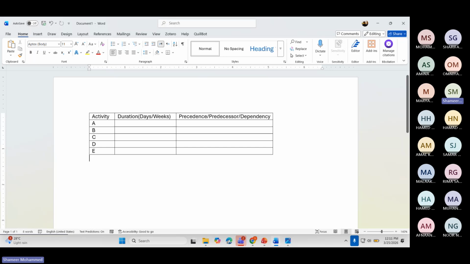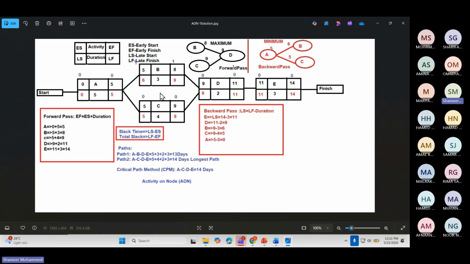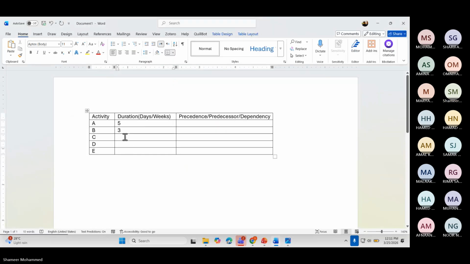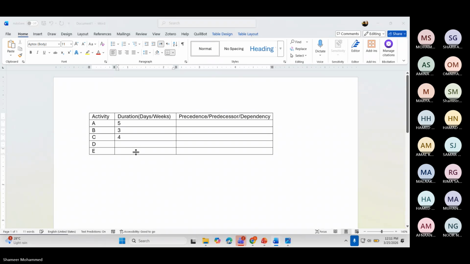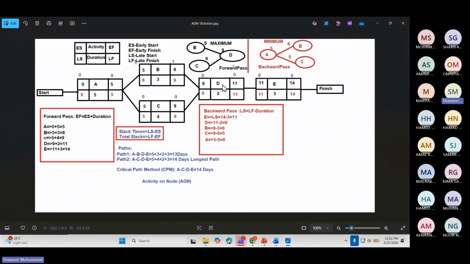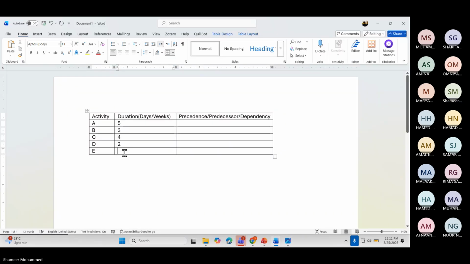Right? So for this one A is 5 days. B is how many days? 3 days duration. C is 4 days, right? D is 2 days, and E is 3 days, right?